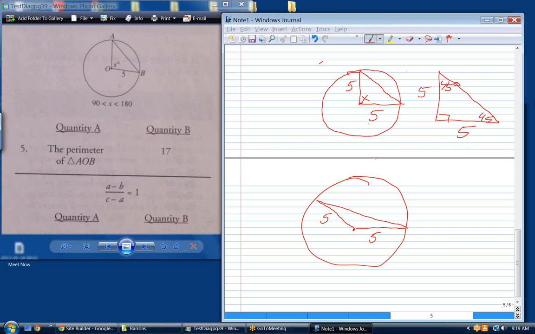It's going to be 5 square root of 2. Did you get that from applying the Pythagorean theorem, or from similar triangles? Similar triangles. I like that similar triangles method better myself. It's a little easier, but we could just as easily have gotten 5 root 2 with the Pythagorean theorem.